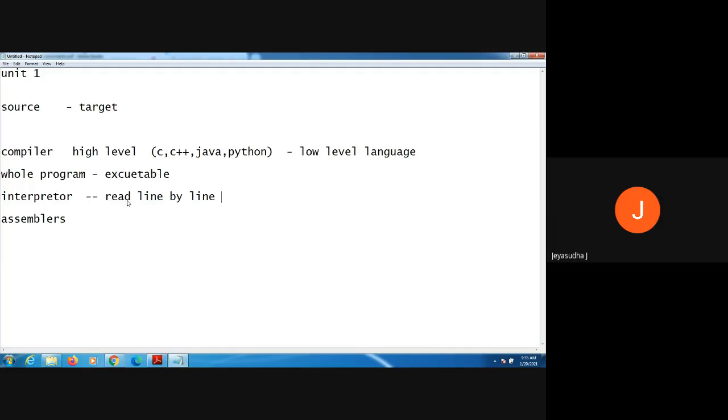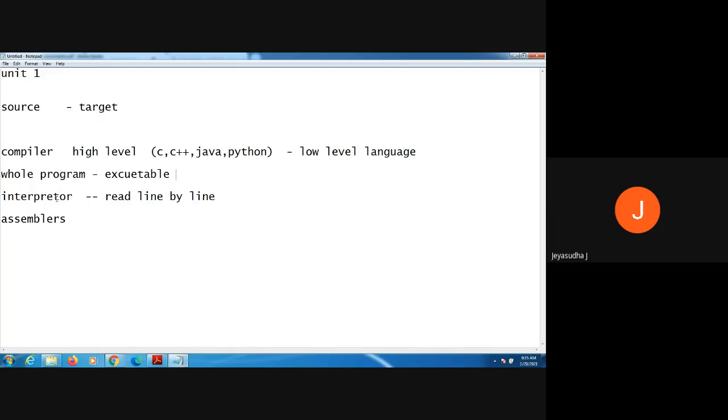If there is an error, it will pop up at the first part itself. Then only it will move on to the second line. But in the case of a compiler, it will take the whole code, find out whether any errors are available, and as a whole, it is going to give you the errors. So this is the difference between a compiler and an interpreter.